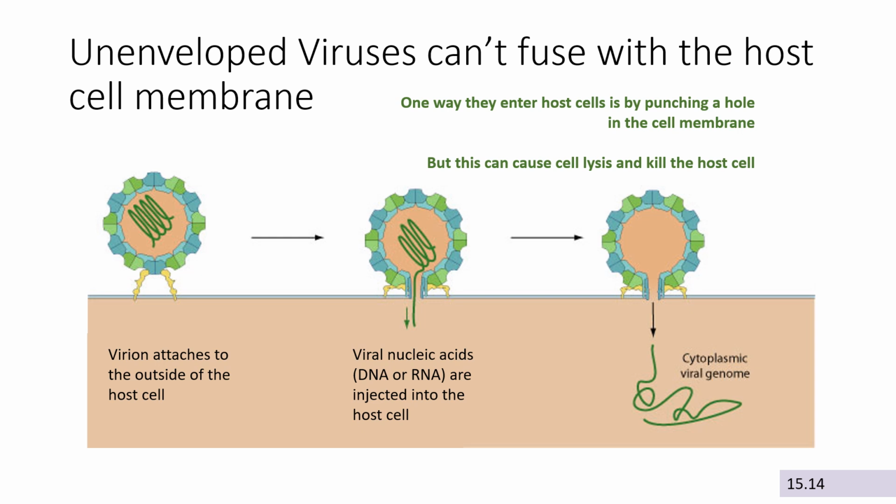Instead, many of them punch through the host cell's plasma membrane and inject their genetic material. The problem with this is it can sometimes cause cell lysis, or the splitting open of the host cell, which causes the cell to die. And remember, the virus wants the cell to stay alive at least long enough for it to replicate itself.